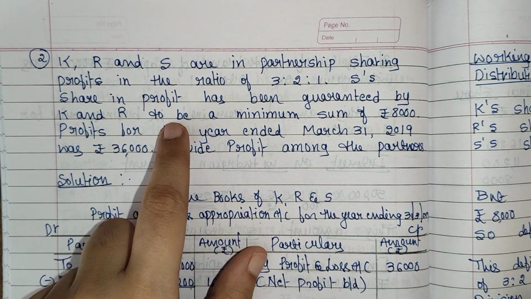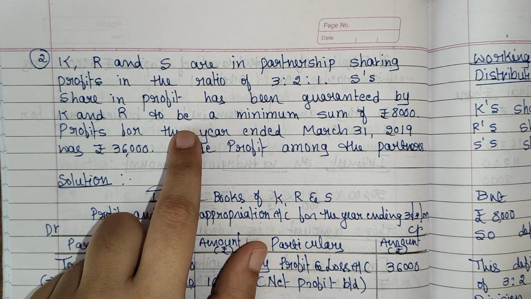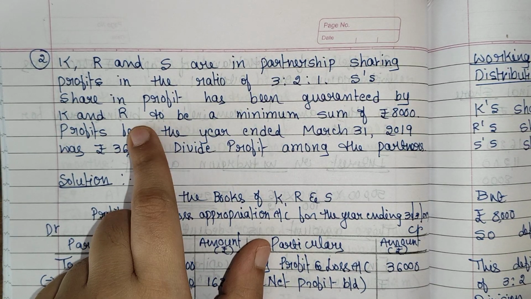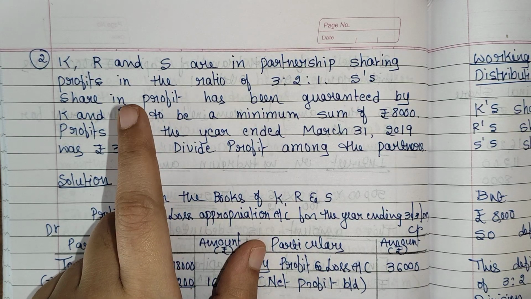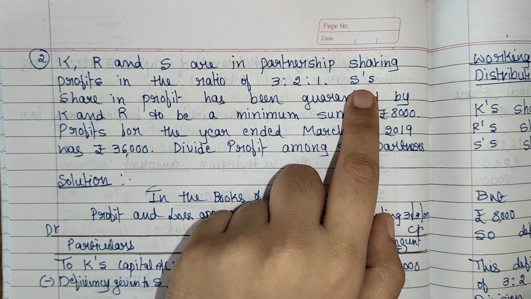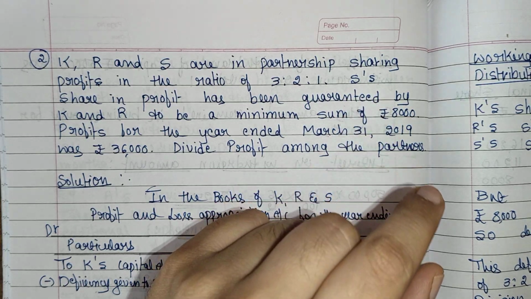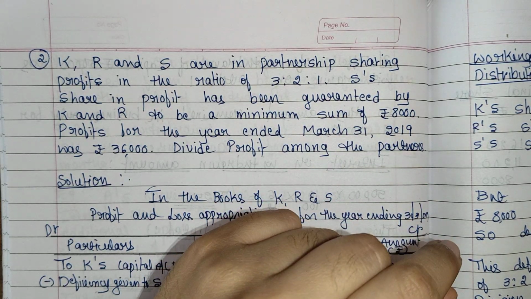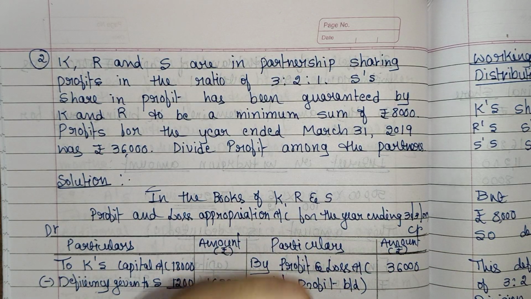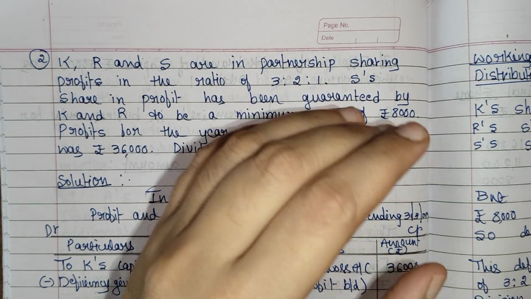Guaranteed by K and R. It means K and R have promised that S will receive at least rupees 8,000 as profit, even if his normal share is less than that.